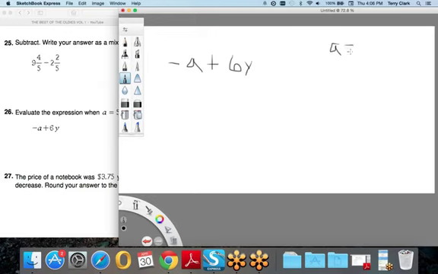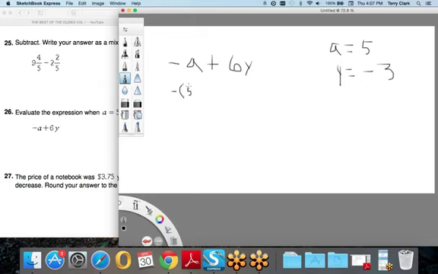Okay, so 26 says to evaluate the expression with a equals 5 and y equals -3. All we're gonna do is take out the a and put in a 5. We're not gonna mess with the negative, it's gonna stay there. We're just removing the letter.